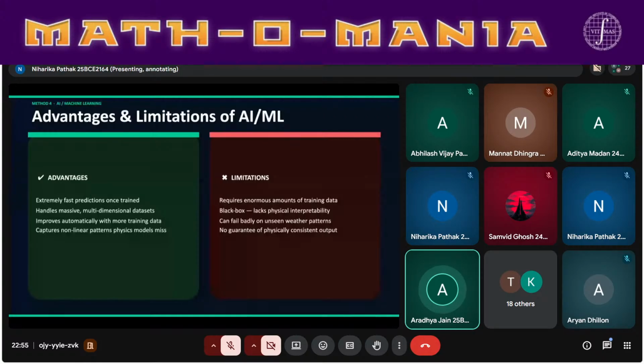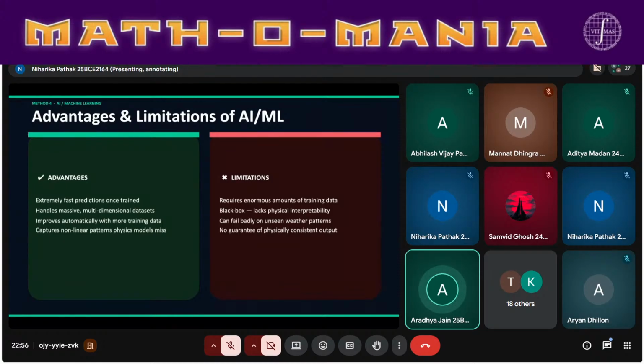Let's discuss the advantages and limitations of this method. This method is extremely fast, because it does a lot of calculations, trains the models, and learns from its own mistakes, as we discussed in gradient descent. So it is quite fast once trained, and it also handles massive and multi-dimensional data sets easily.